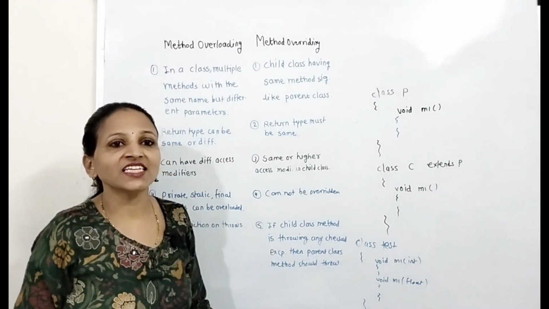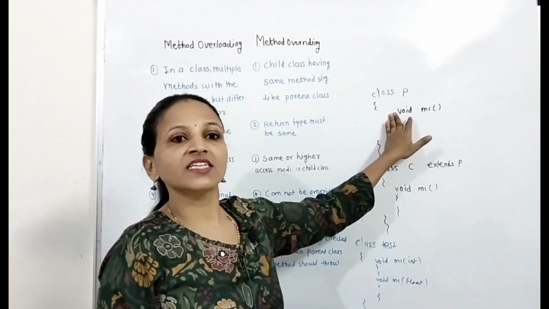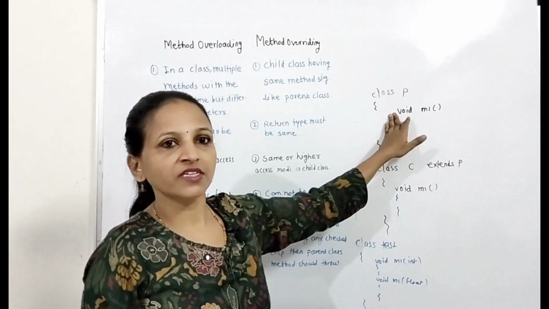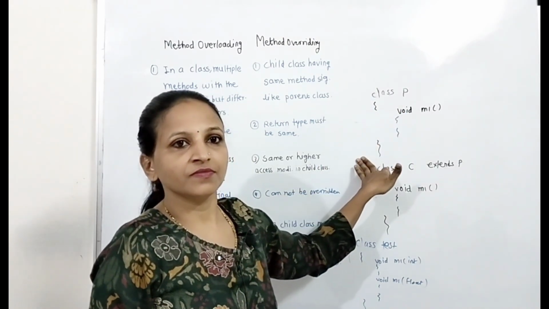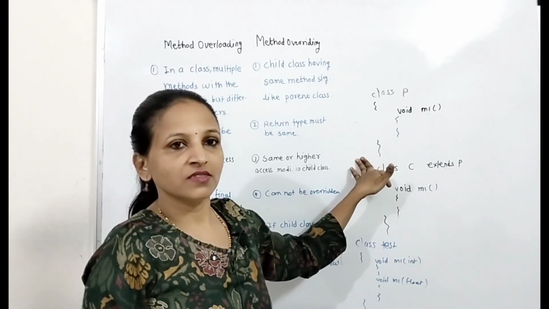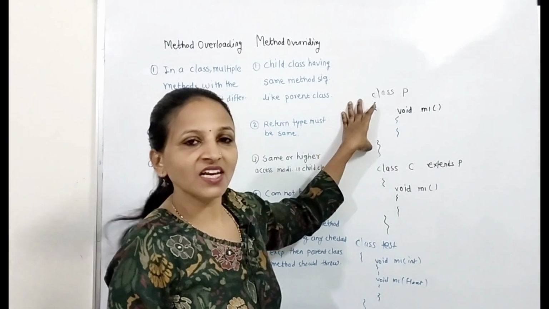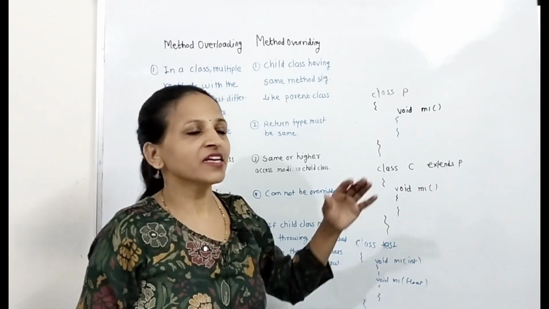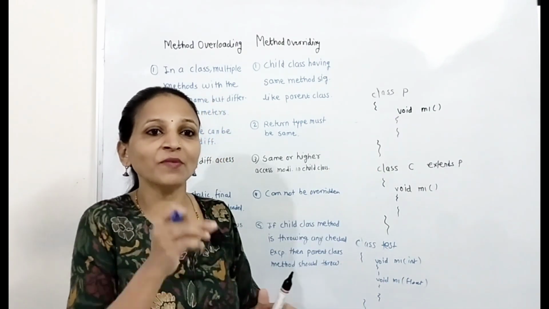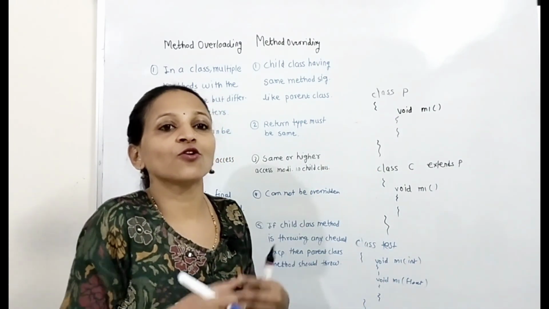Second one is static. Suppose you are writing here the static keyword. Static means what? See, this method has now become a class method, not an instance method. Then that is for this single class only. You cannot override that. Next, final. Final means, the meaning of final itself, you cannot override that method.